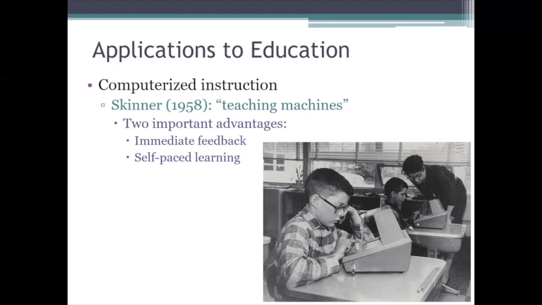So the quicker students wind up getting bored, or the slower students wind up getting frustrated, falling behind, and having to take on new material before they've really mastered the earlier stuff. And so Skinner felt like computerized instruction could address both of those problems.